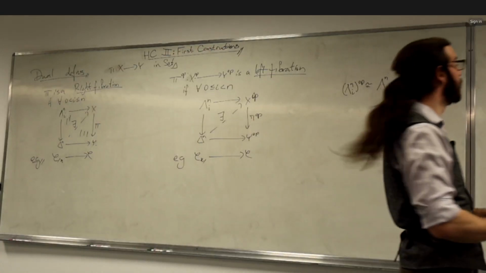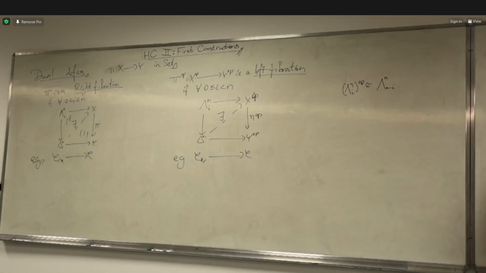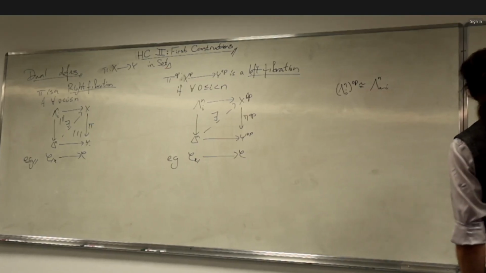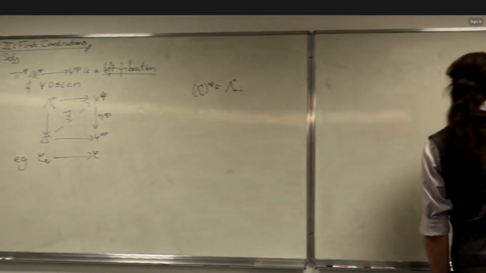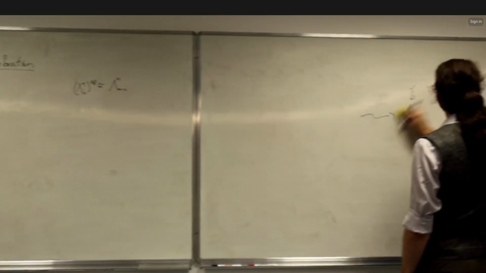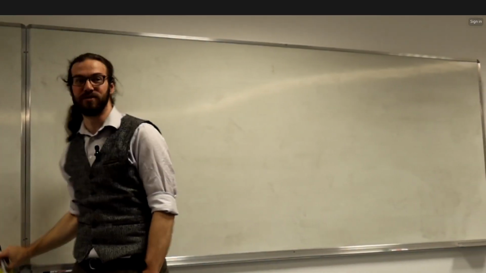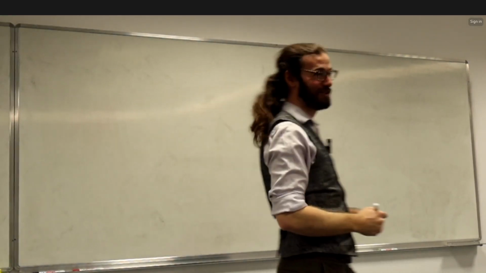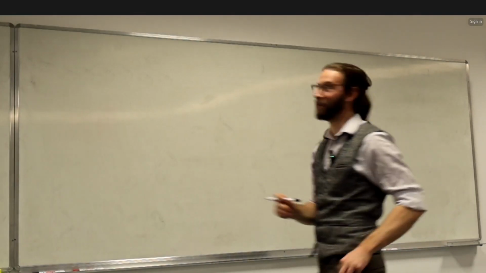So, in that case, let's try and give a reason why this is a good definition. And I should say, this is going to be the first of those two statements that I said I'm not actually going to prove because the proofs are extremely long and technical.